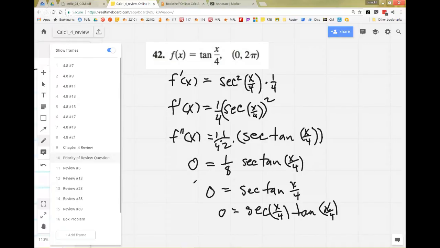Okay. So we got two things that could equal 0. This one and this one. So when can the secant of x over 4 be 0? Well, the secant's the reciprocal of the cosine, right? And when the secant could be 0, that means the cosine is undefined.